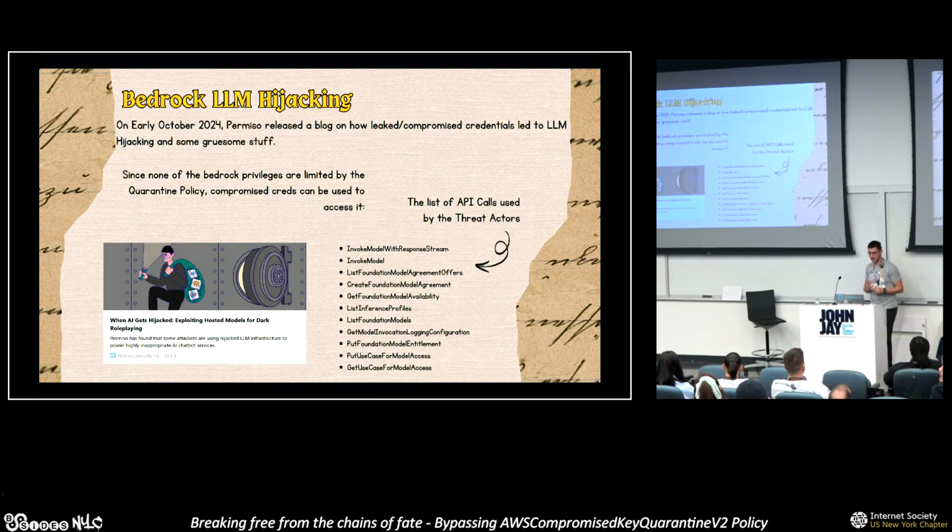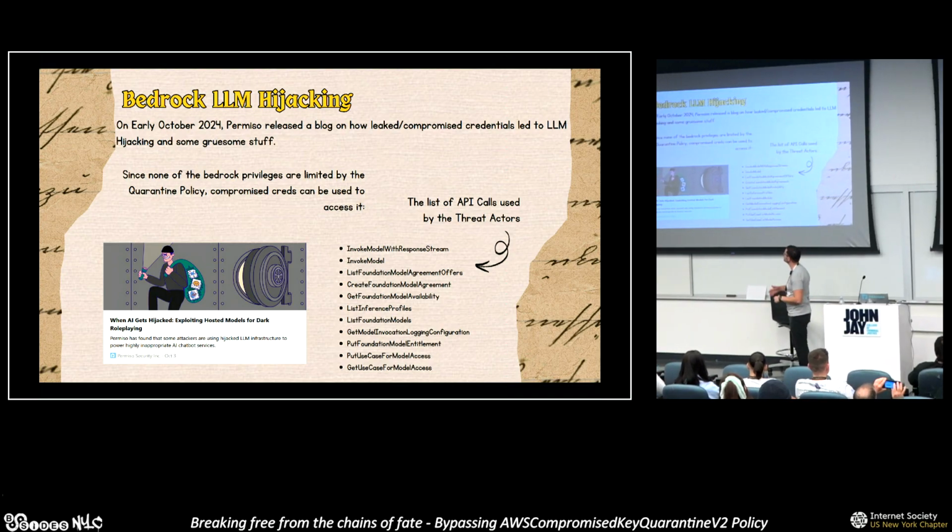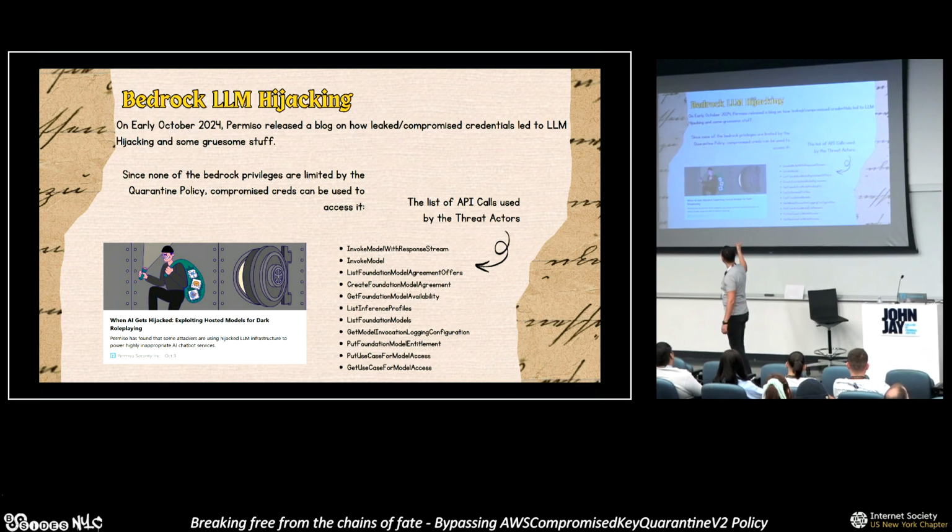Lastly, this is something that the P0 manager found. This is an actual case study of why the quarantine policy should be regulated more. We found out as a company, and actually he did most of the work, that threat actors were using leaked credentials to get access to Bedrock AI agents and using them for their own purposes.